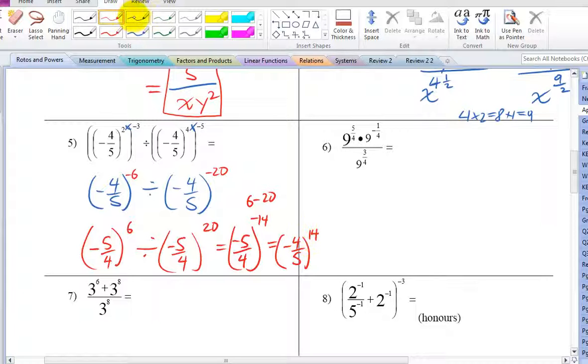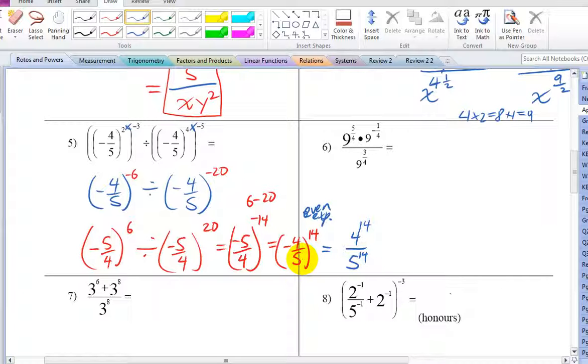One last step. Final answer, you should not have any brackets. So when we remove brackets, what do we do with our negative sign? Does it stay or does it go? And why? I'll give you a hint, it's an even exponent. So even exponent means, yeah, good, so it's positive.